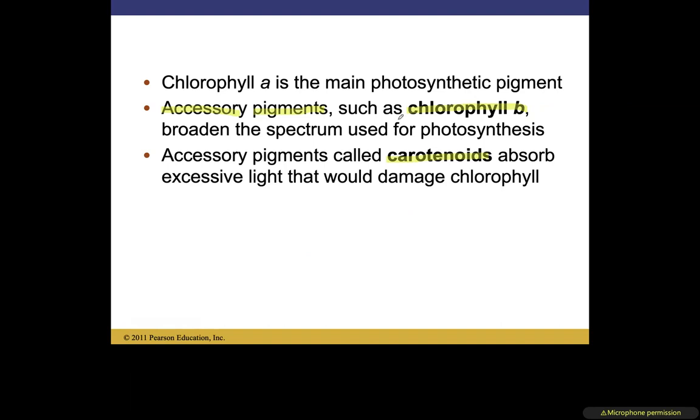And what they do, like I told you, they will broaden the spectrum for photosynthesis, right? And then also the carotenoids will absorb excess light. And by absorbing that excess light energy, without this present, that chlorophyll might get damaged. So they help to keep the chlorophyll from getting damaged. They absorb a lot of the excess energy.